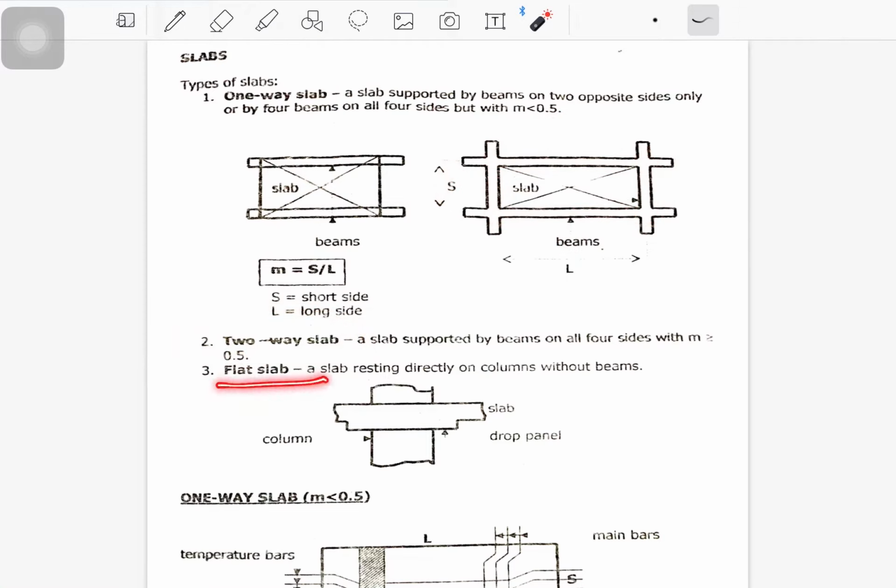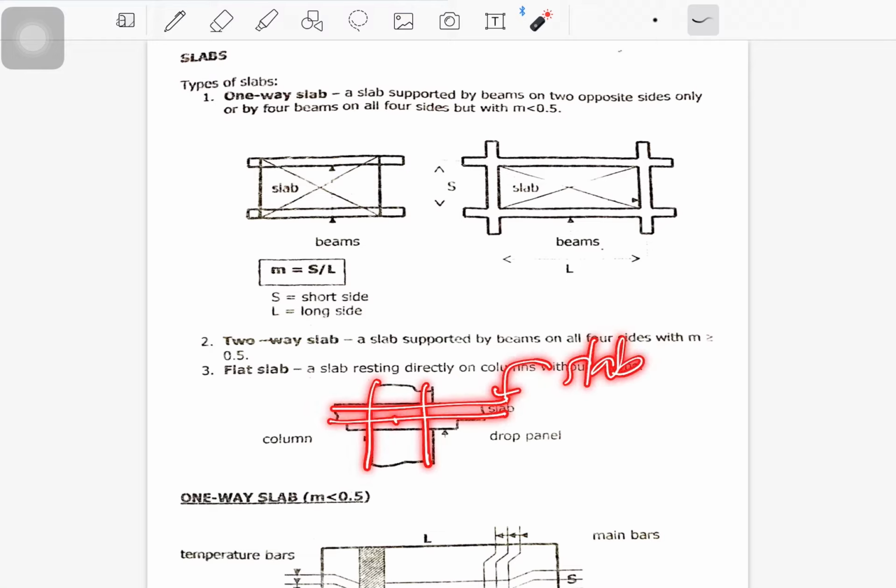And then for the flat slab, it's a slab resting directly on columns and without beams. So normally for flat slab, the beams are already incorporated into your slabs. In other buildings, they don't have beams from the column, they already connect the slab.